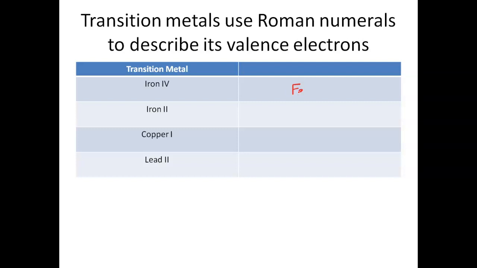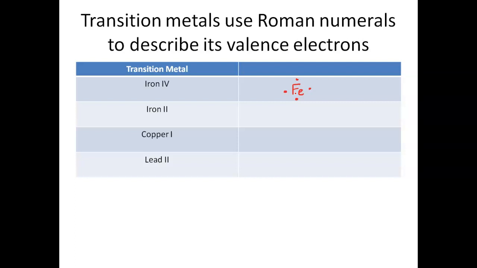So I would write my chemical symbol, and I would draw 4 valence electrons. That is iron 4.